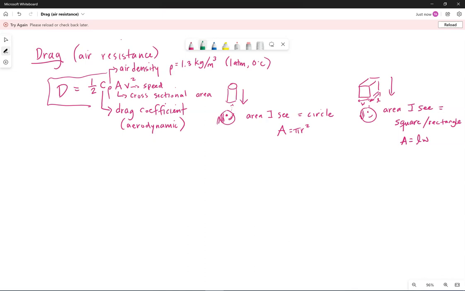But let's go ahead and talk about like a skydiver. A skydiver, jump out of a plane. We know there's a force of gravity downwards, but there's going to be a drag force upwards. That drag force is going to be changing with time. So I'm going to assume in my picture right now, just falling straight down.